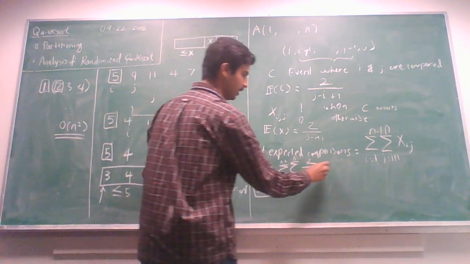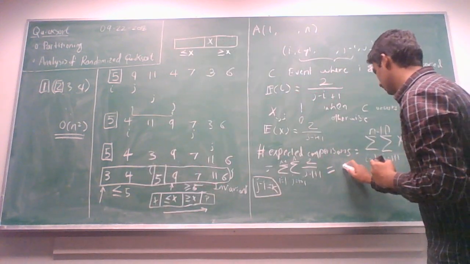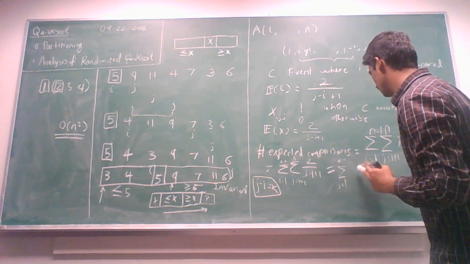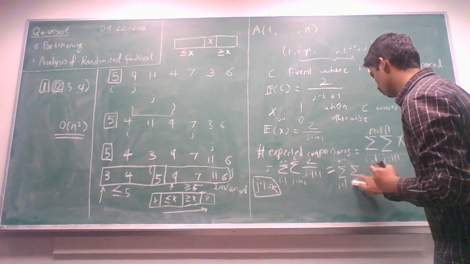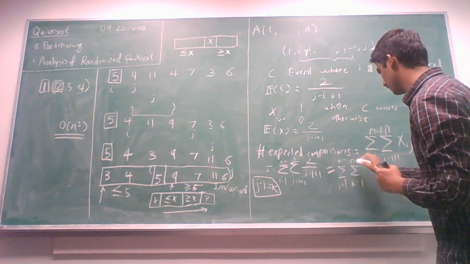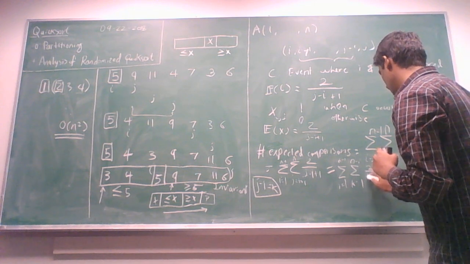So this summation will be: summation i goes from 1 to n minus 1, summation k goes from 1 to n minus i because of this substitution, 2 upon k plus 1.